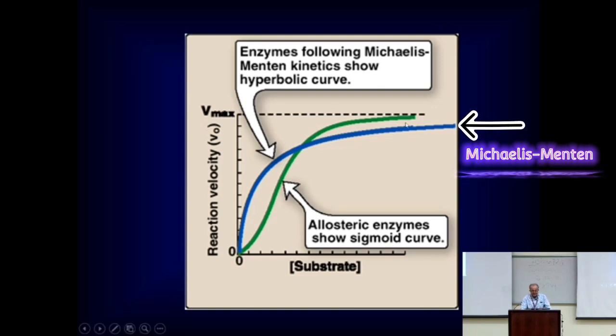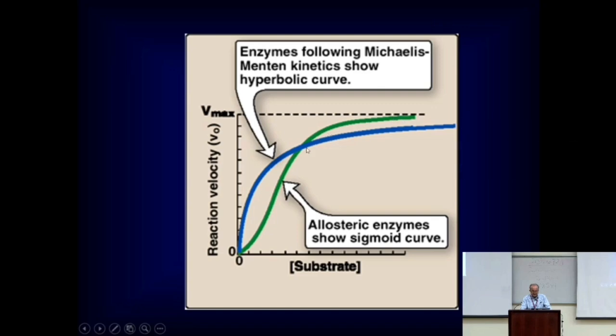There's another enzyme in the green trace, and I want you to notice this is a sigmoidal, S-shaped curve, completely different than the blue trace, the Michaelis-Menten. When you see an S-shaped curve for an enzyme, velocity over substrate, you know that this is an allosteric enzyme.